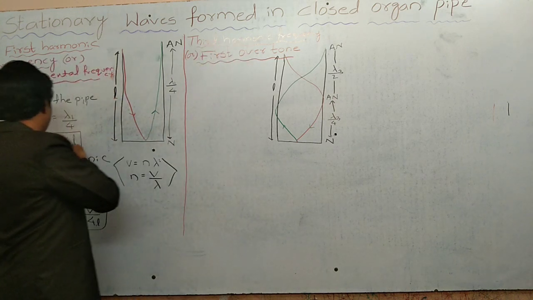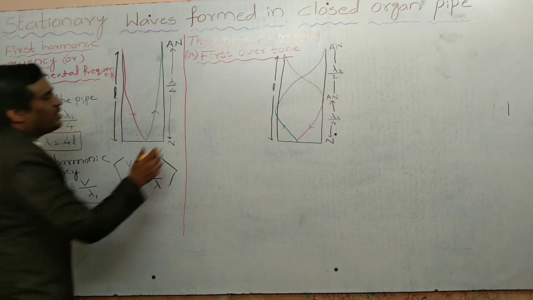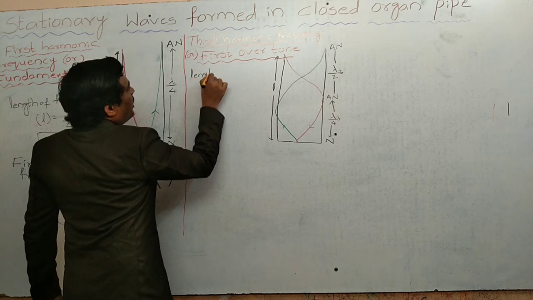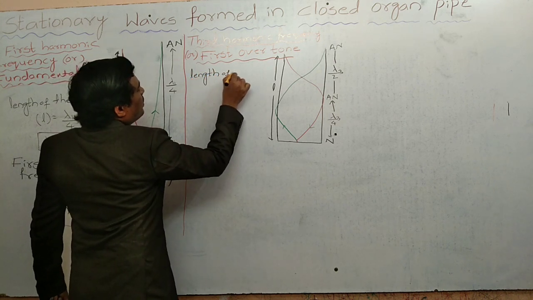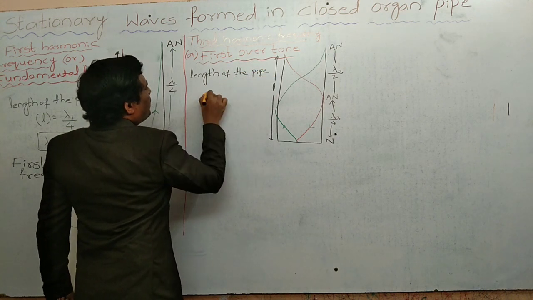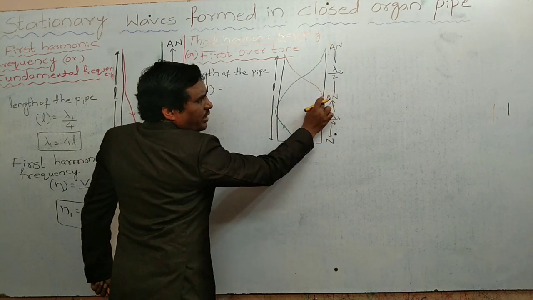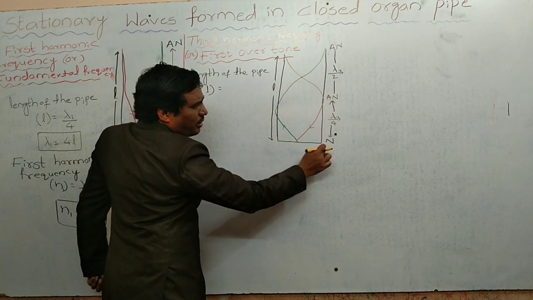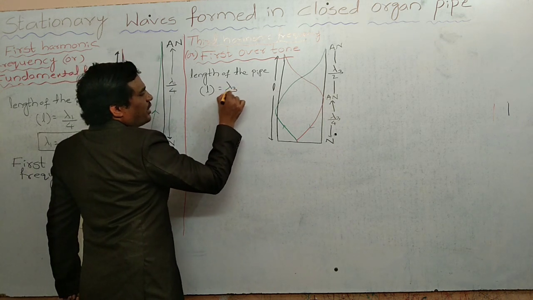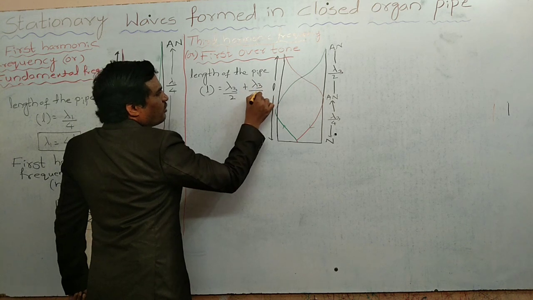First we have to find the wavelength. By substituting the wavelength value, then you can find the frequency. Here also, the length of the pipe L equals lambda 3 by 2. Up to here it is lambda 3 by 2, and the remaining part is lambda 3 by 4. So lambda 3 by 2 plus lambda 3 by 4.